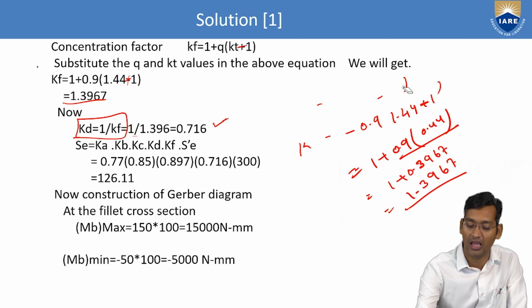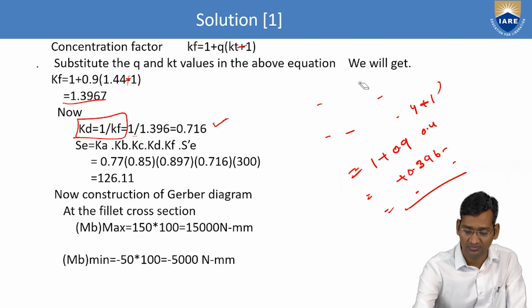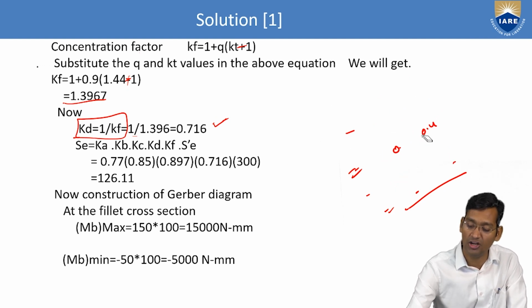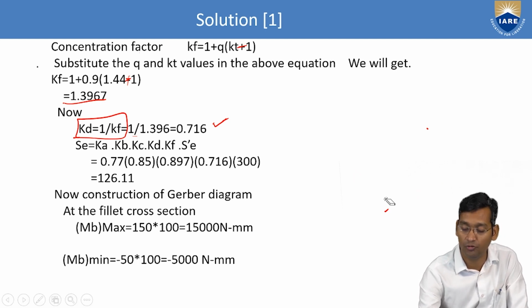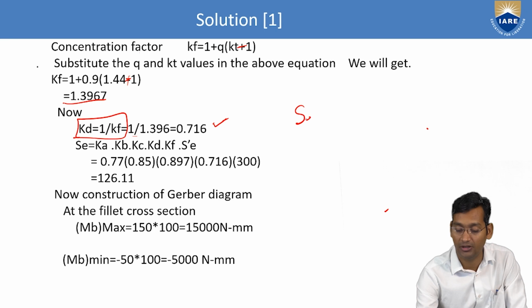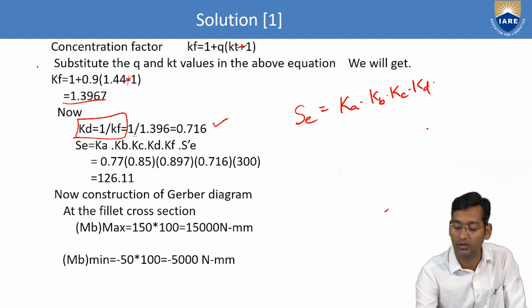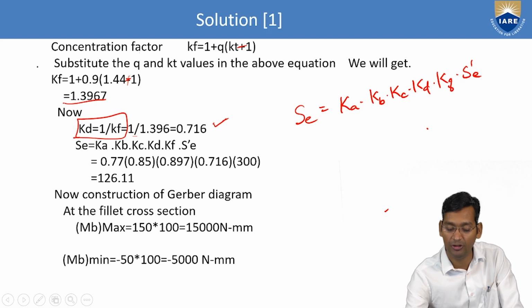Now that Se we have to find. For that, S dash e we already found. Now Se will be equal to what? Just see the formula for Se, the endurance limit: Ka into Kb into Kc into Kd into Kf into S dash e. Now everything we have.